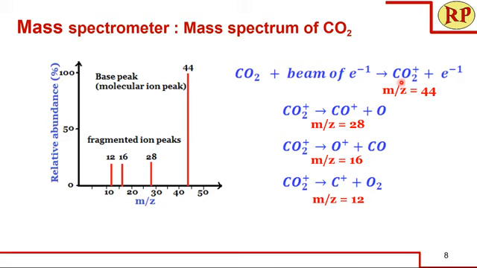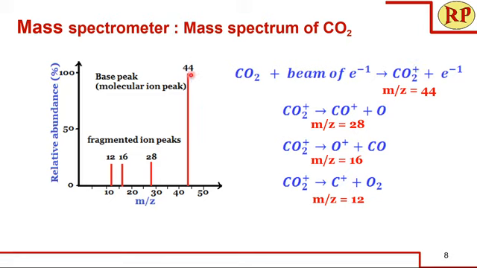And next, one more thing, for this m/z ratio 44, you have a peak corresponding to this 44, and we call this the base peak, which is due to the molecular ion. This will always be the tallest peak because the molecular ion will be the first major bigger ion where only one electron is knocked out, and it will be 100% abundance because all the other fragmented ions are smaller ions which are broken from the molecular ion, and definitely the m/z ratio of these fragmented ions will be very less compared to the molecular ion.